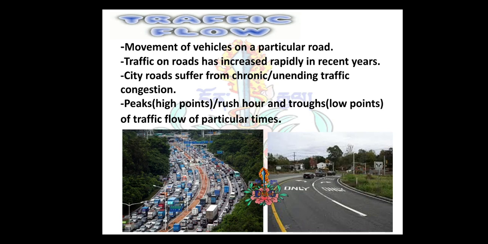The traffic problems of the world have rapidly increased. We can say that over the last 10 to 20 years, the traffic on the road has increased in an exponential way, in a very rapid manner.